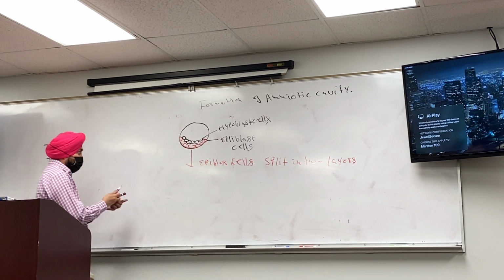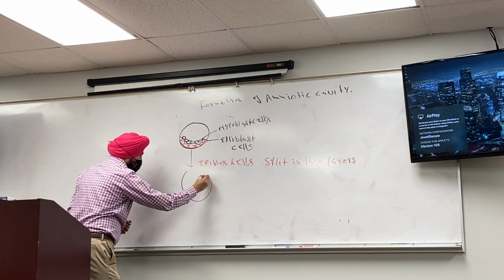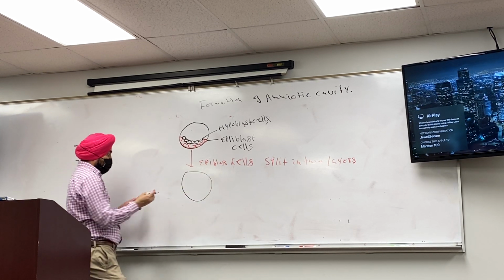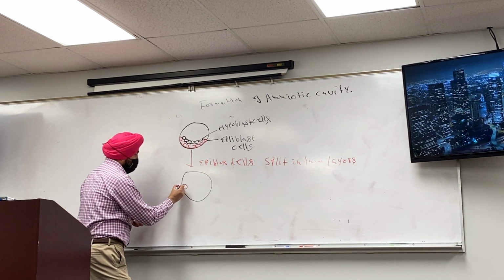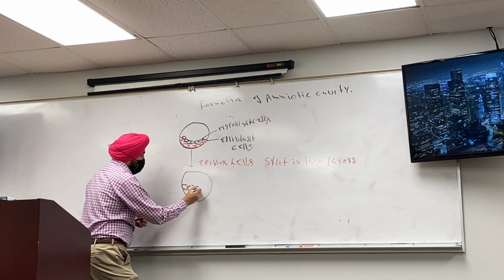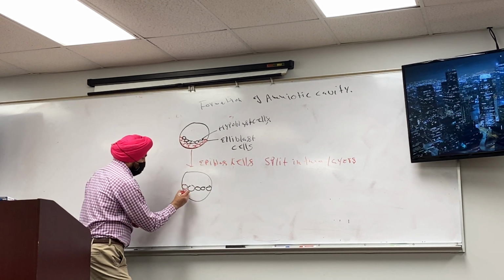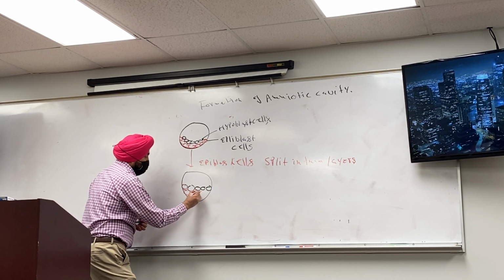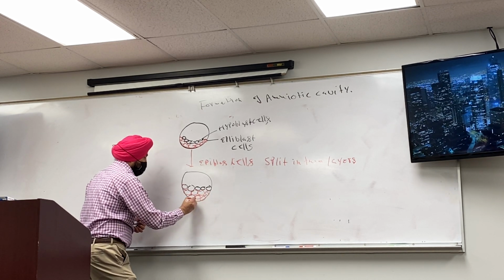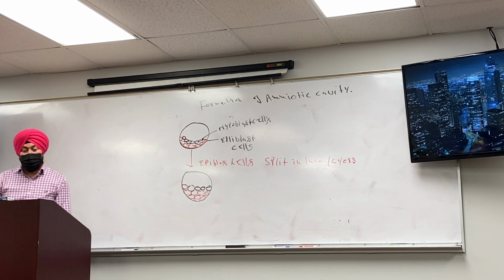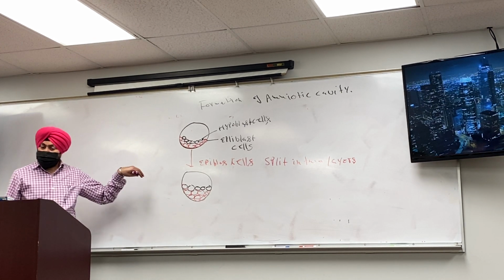So what is going to happen? You will have it like this. These are your hypoblast cells right there, and your epiblast cells, they're right there. They split in two layers. Okay. So epiblast cells split.